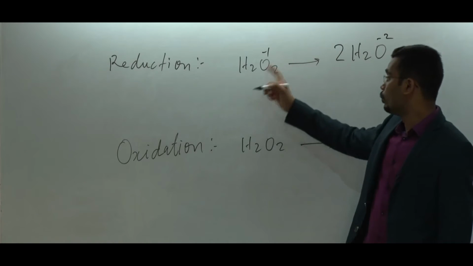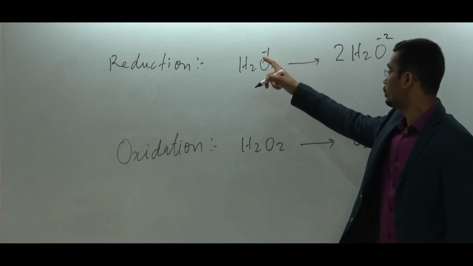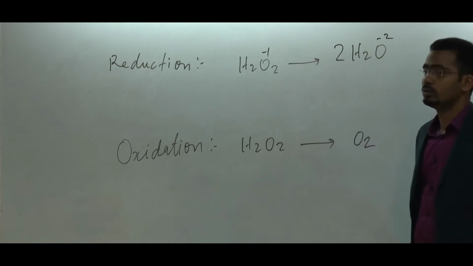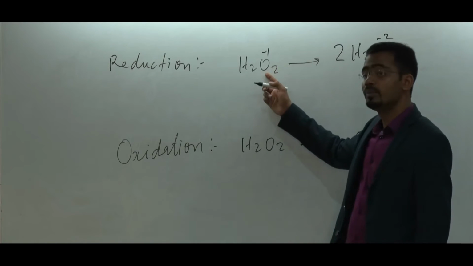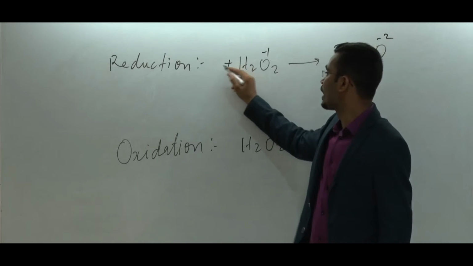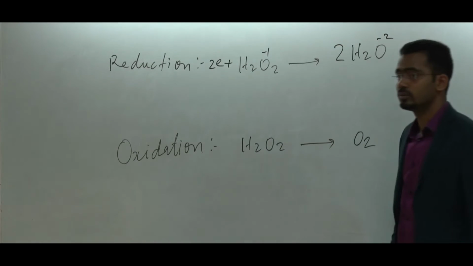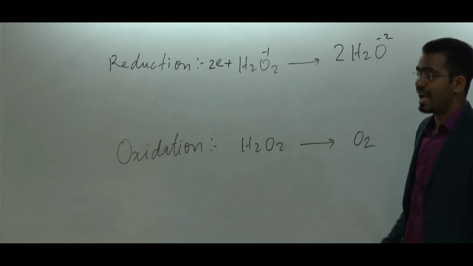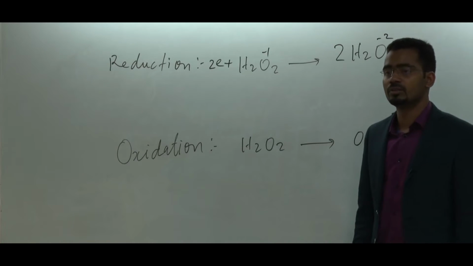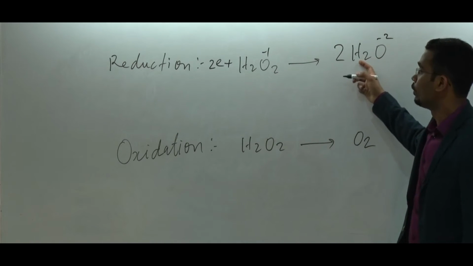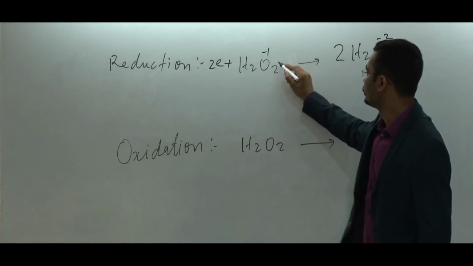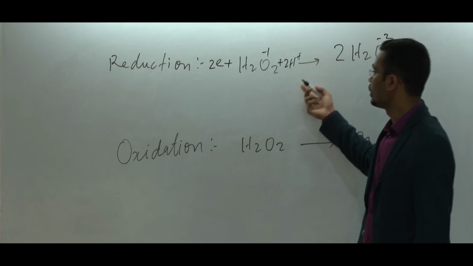One atom of oxygen is undergoing -1 to -2, so how many electrons are required? To go from -1 to -2, 1 electron is required, and for 2 atoms, 2 electrons are required. And at last you have to balance the hydrogen. How many hydrogen here? 2 hydrogen. Here 4 hydrogen. It means you have to add 2 H+. So this is the balanced chemical reaction.